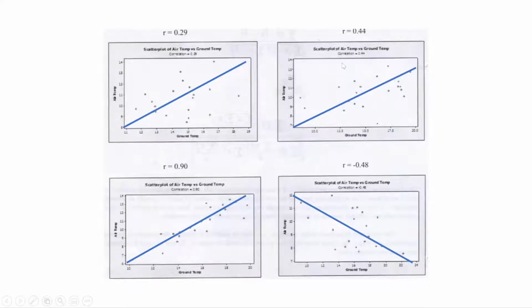So there is a stronger, but still not super strong, correlation between X and Y, and it is positive. Here R equals 0.9. So now we have a positive and kind of strong correlation between X and Y. And then in the bottom right, we've got negative 0.48. So now we have a moderately strong correlation that is negative between X and Y.